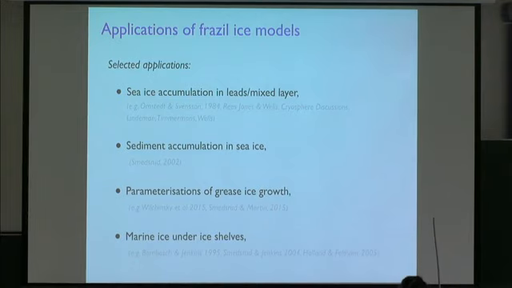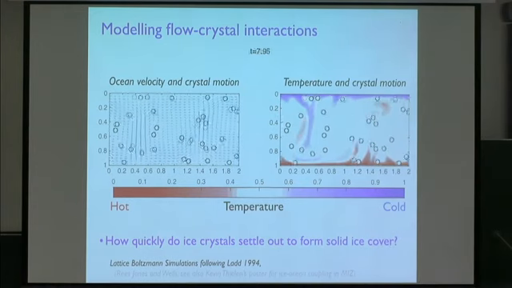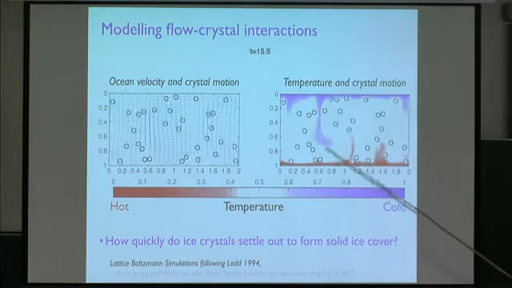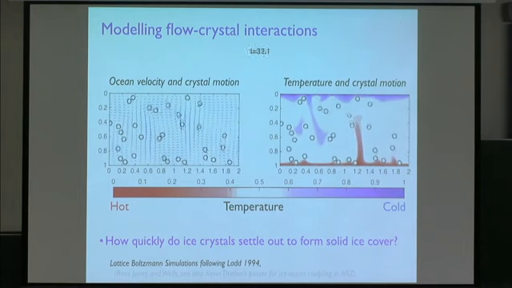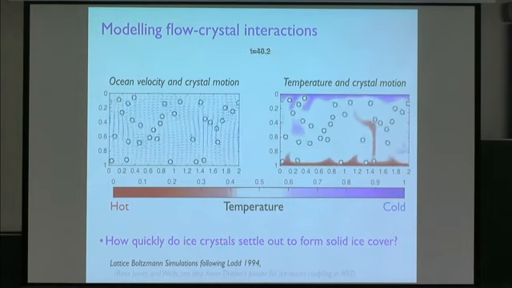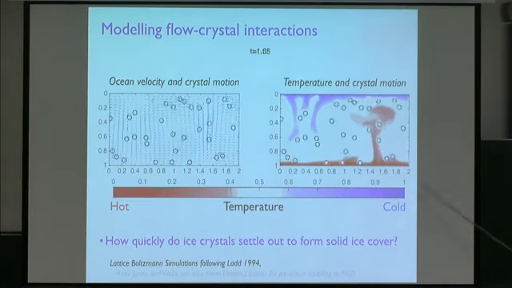Okay, so before moving on to talk about mushy layers, I just want to pick out some recent work that David Rees-Jones has been doing. This is just to illustrate something that we're working on at the moment, which is thinking about how these crystals start to interact with one another and with the flow. This is a very idealized toy problem just to start to build some understanding.